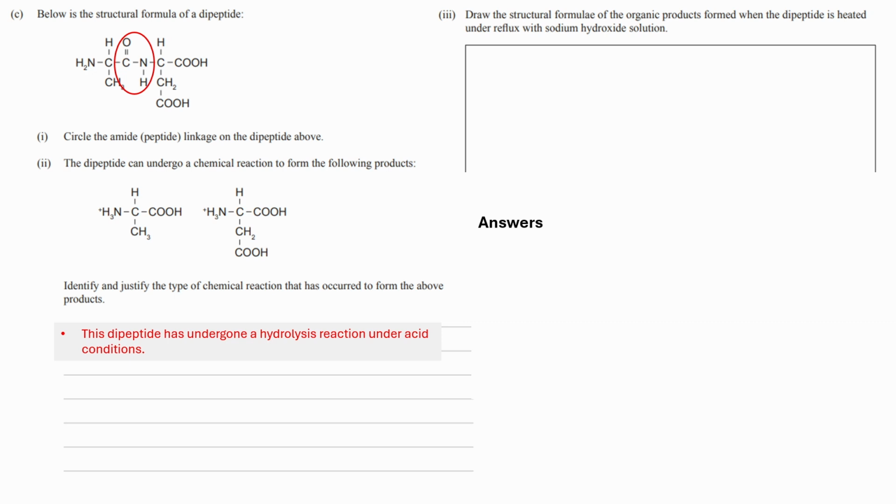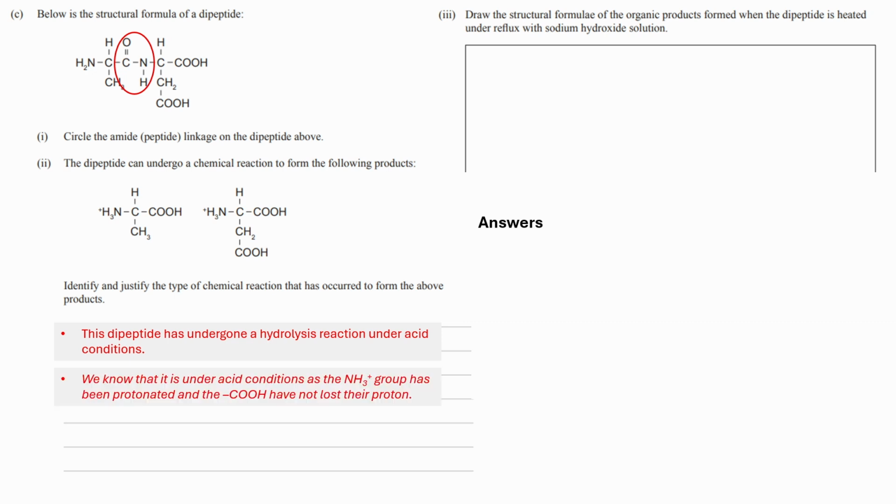We know it's undergone a hydrolysis reaction because we've broken the amide bond, or the peptide bond. We know that it was under acidic conditions because the NH2 group in the amine part of the molecule has been protonated. That is, a proton's been added to it, which means it must have occurred in acidic conditions.